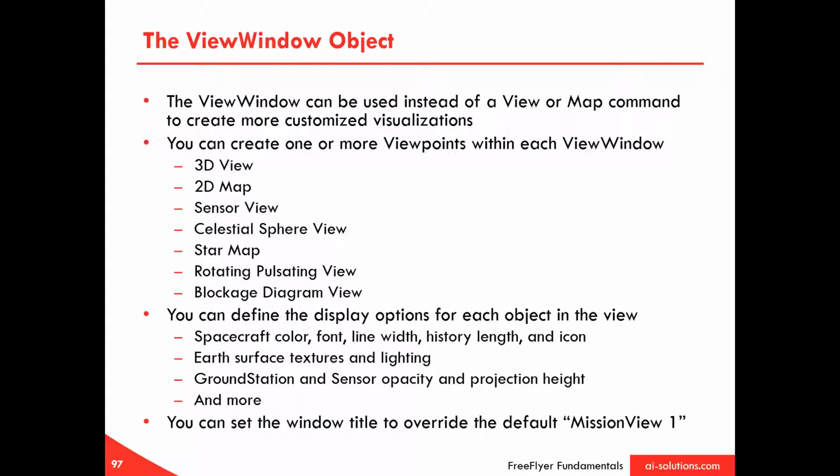You can also control everything about how each object in the view is displayed. For spacecraft objects, you can control the color, font, line width, the history length, and the icon used to draw the spacecraft object. You can have detailed control over the Earth surface textures and lighting settings. You can control ground station and sensor opacity settings and the projection height for how those cones are drawn. And you can also set the window title so that instead of just saying something like Mission View 1, you can set a customized title for that view.